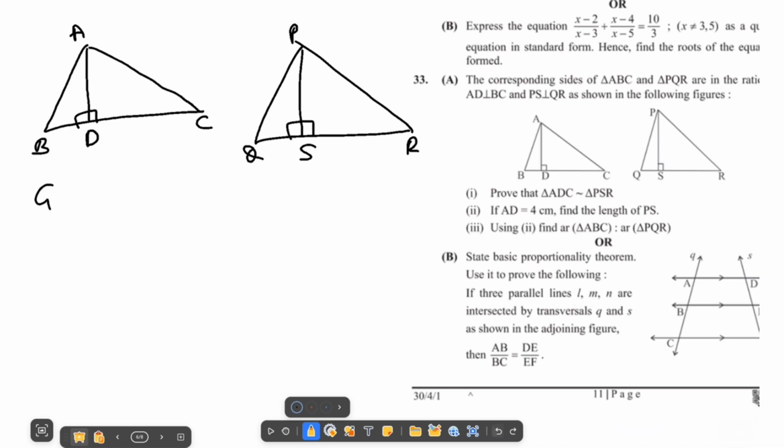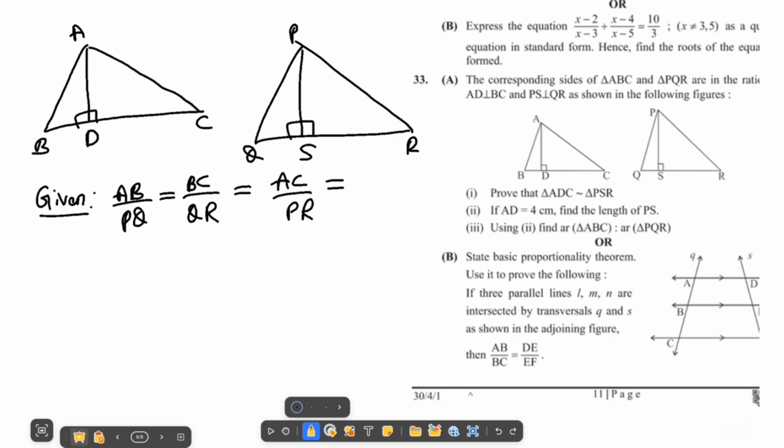So what is given here? It is given that corresponding sides are proportional. Means what are the corresponding sides? AB by PQ is equal to BC by QR is equal to AC by PR, so all are equal to 3 by 5. The corresponding sides are in the ratio 3 is to 5.